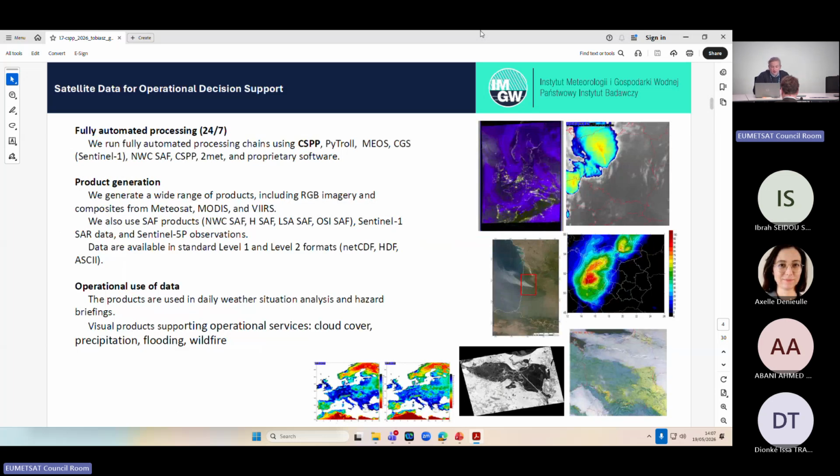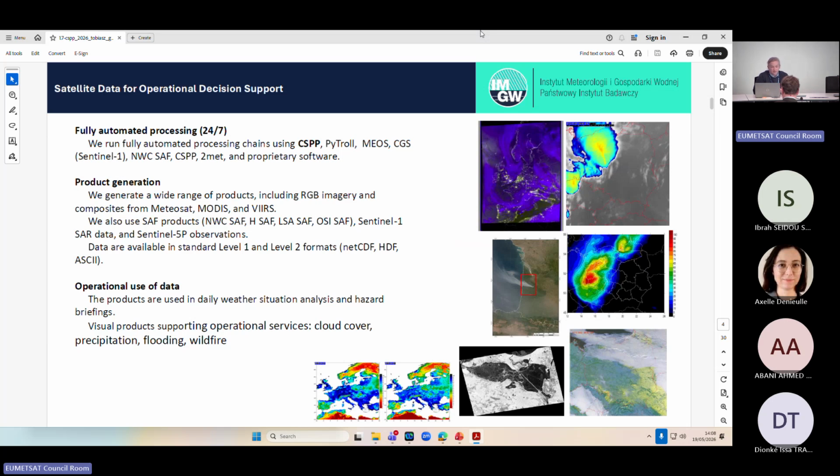So we try to run a fully automatic process chain using, for example, CSPP, Pytroll, and WCSAF, EUMETSAT, and proprietary software. And we generate a wide range of products, including RGB imagery and composites from Meteosat, MODIS, and VIIRS.